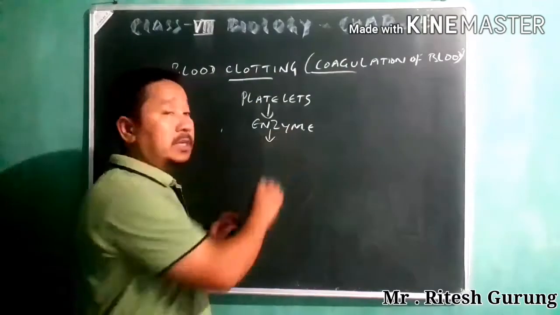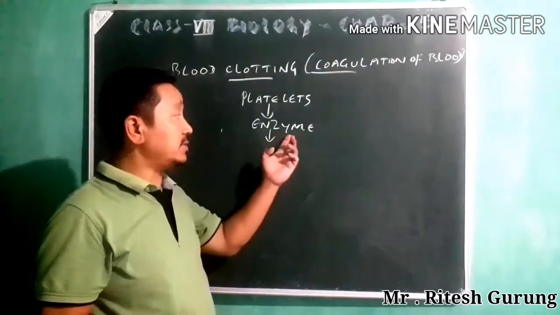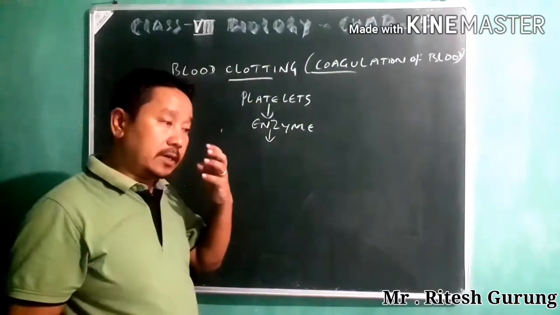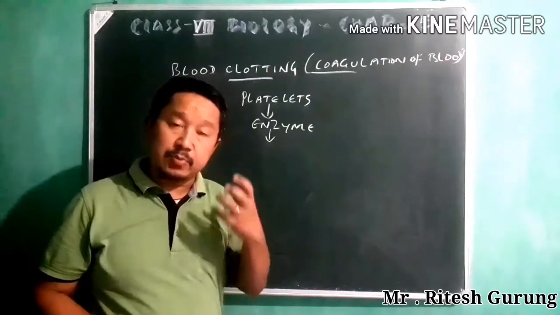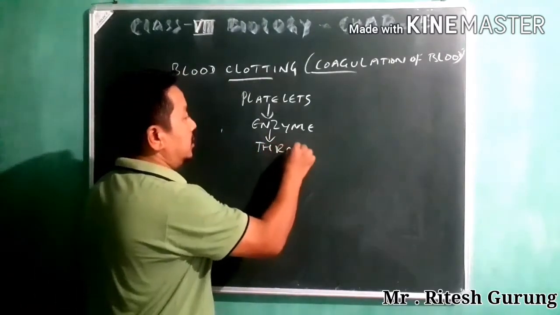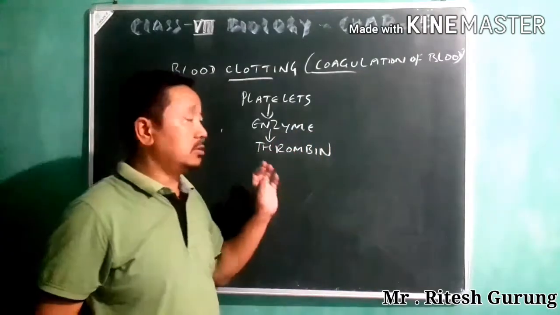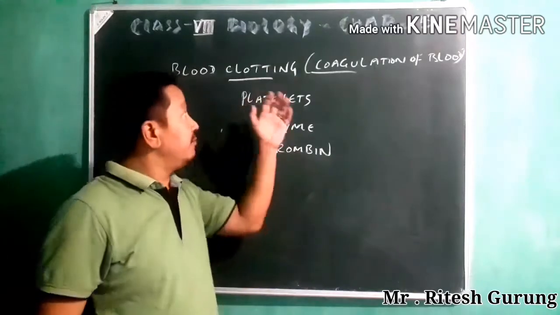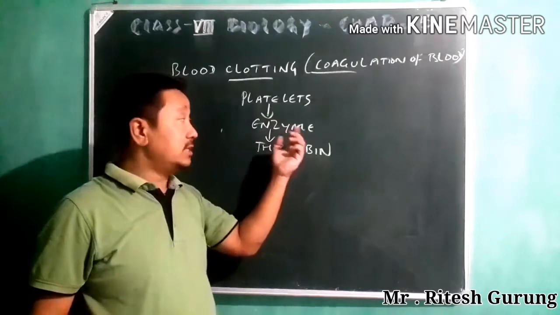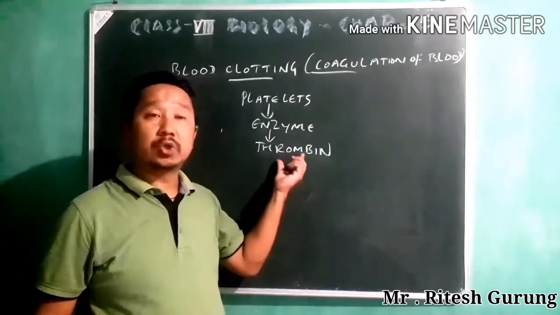This enzyme in turn produces another kind of protein, which is called thrombin. See the different kinds of chemicals being involved in the mechanism of this blood clotting. First, platelets produce an enzyme. That enzyme now produces another kind of protein, which is called thrombin.